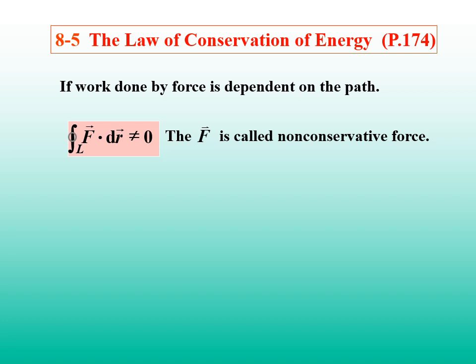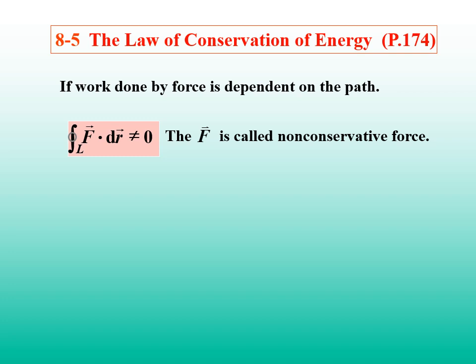If the work done by a force depends on the path, the integral of force F dot product with dr along a closed path L is not equal to 0. The force F is called a non-conservative force. A non-conservative force is also called a dissipative force, such as a frictional force.